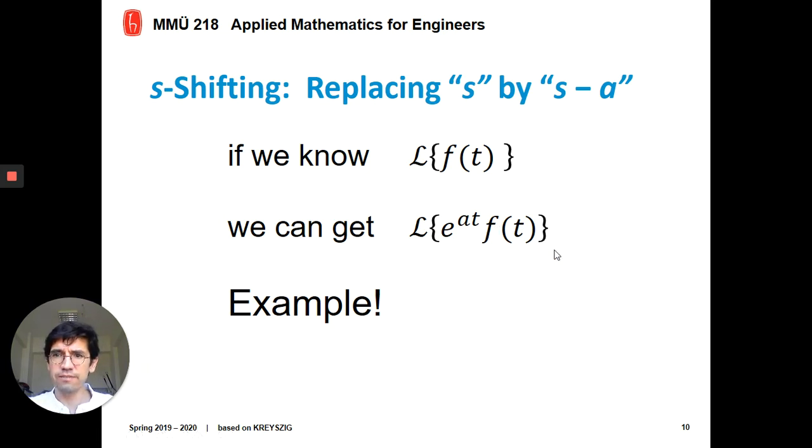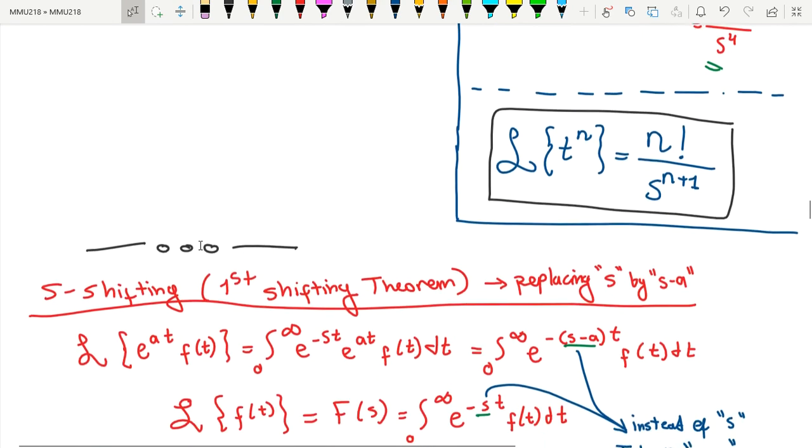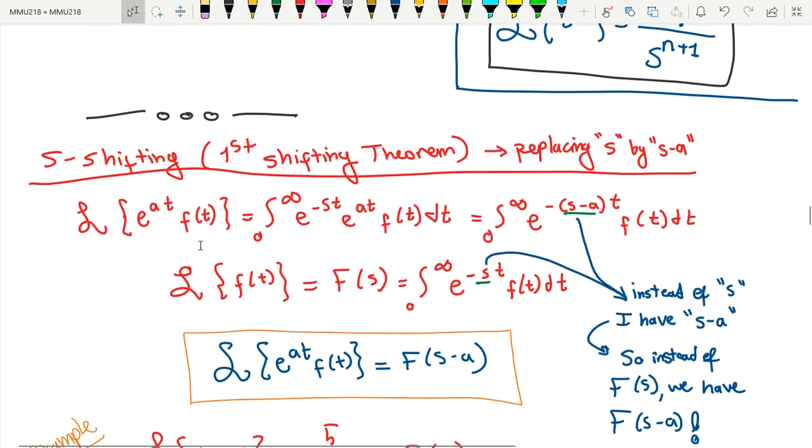Let's see the first shifting, or s shifting, or frequency shifting. If you name your s as frequency, that's called frequency shifting. And that's quite important in signaling, right? So lots of stuff going on with this. Now, s shifting, the first shifting theorem, and we are trying to replace s by s minus a.